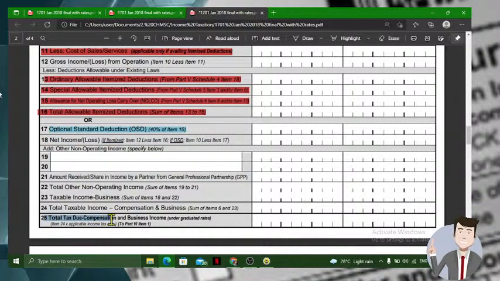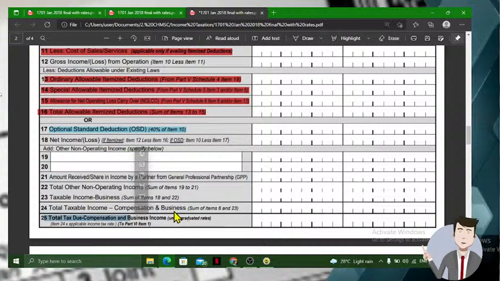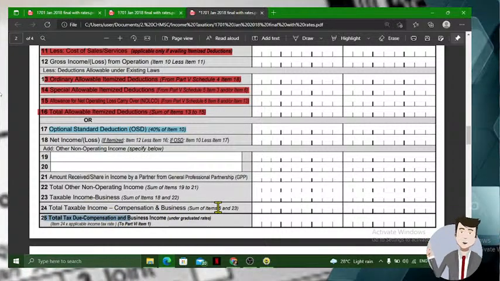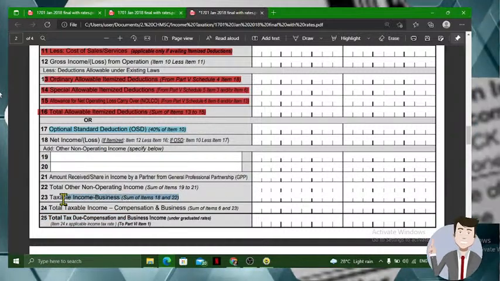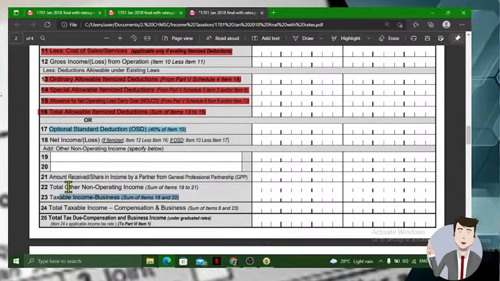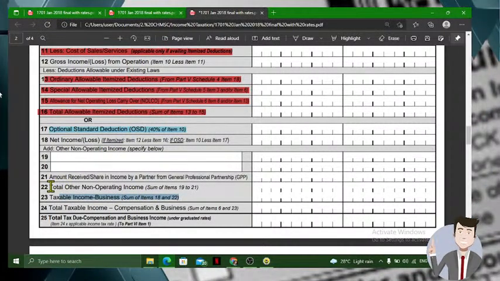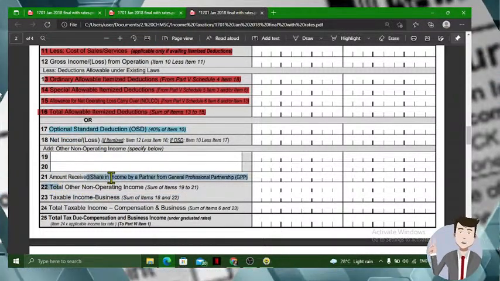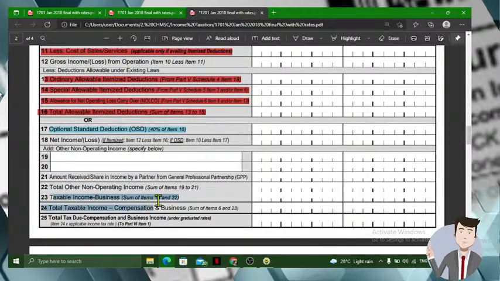Next, number 25 is the tax due, plus item number 23. Okay, that's item number 18 or number 22. And sorry, this one is net income plus your non-operating income, that is your number 23.